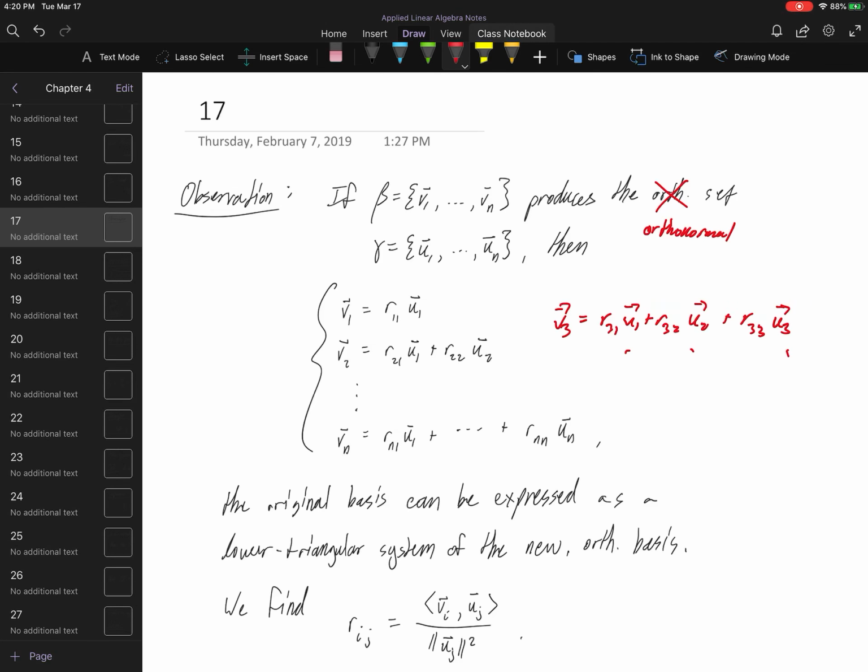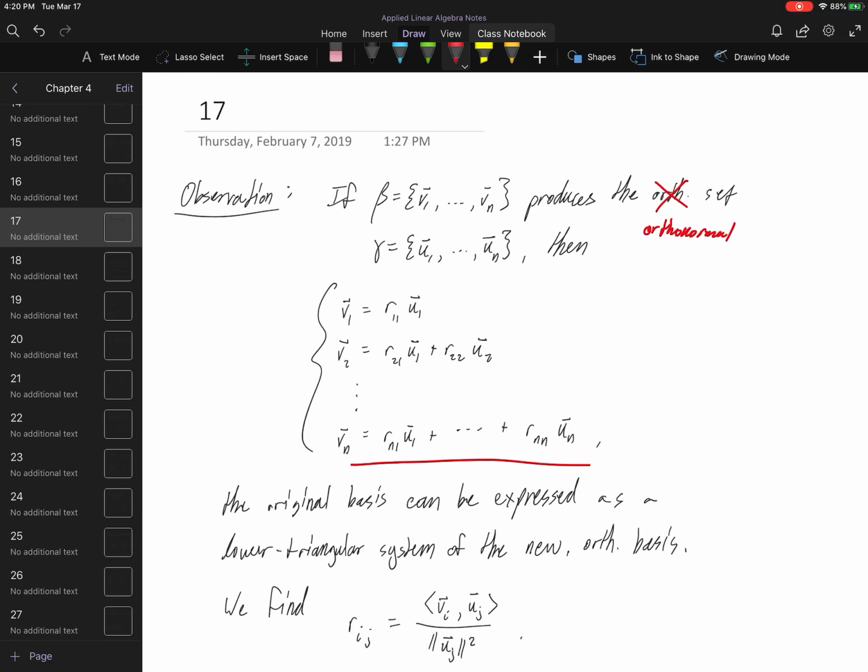V3 is going to depend on these first three vectors from gamma. Just by design, that's how we're constructing the U set. And we can continue that each one of these vectors from here on out is some linear combination of the U's up to that index.